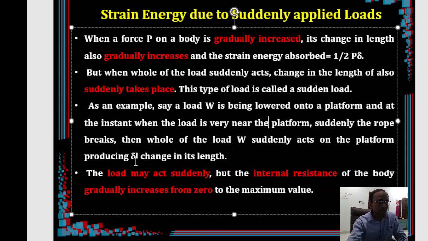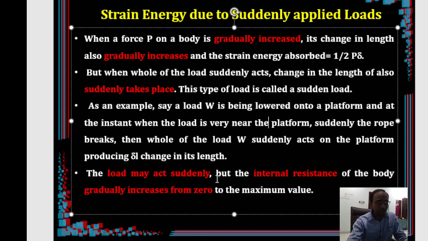So a sudden deformation is produced in the platform. Under such conditions, what is the amount of energy stored? That's what we are going to calculate.